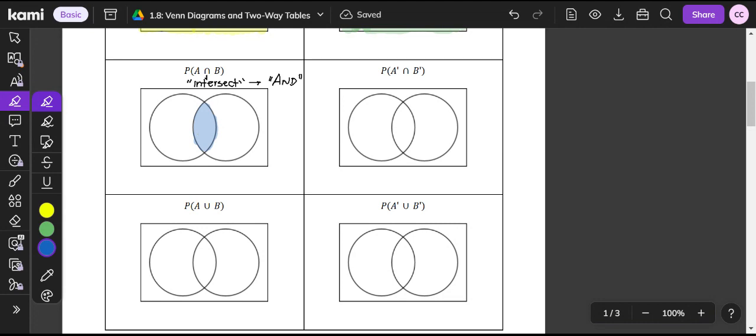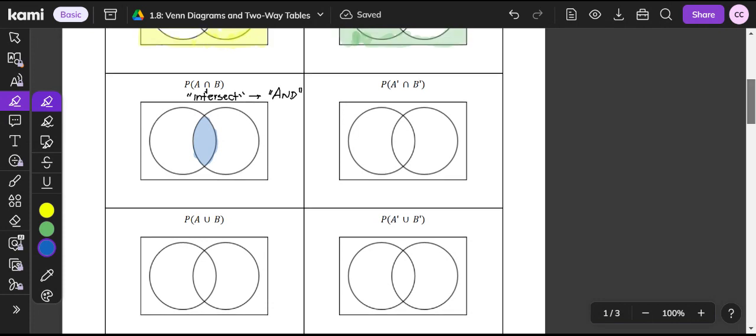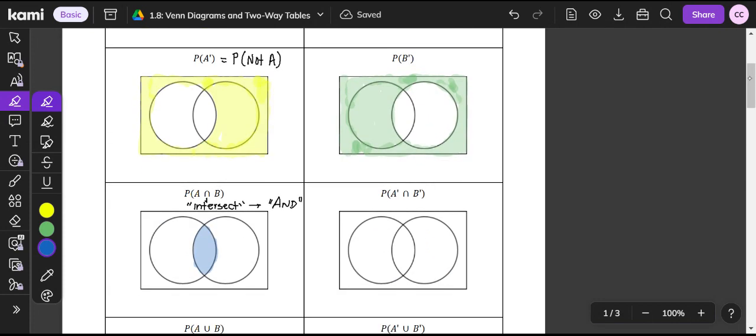Now we do the probability of not A and not B. So remember this little symbol, this means intersect, it means and. So the way I do this is I go back up top and I look at the probability of not B, and I look at the probability of not A, and I figure out where, if I were to lay one of these diagrams on top of the other one, I'm going to shade in everything that the colors are touching. So if you notice, everything is going to be shaded in except for this middle part.